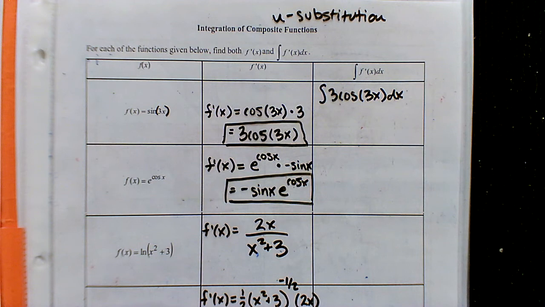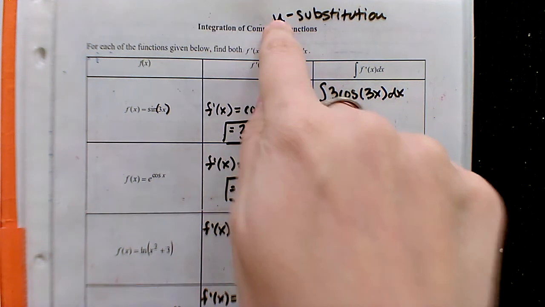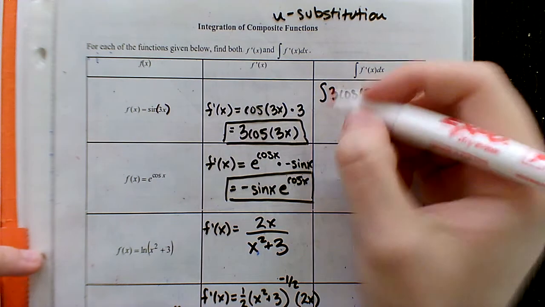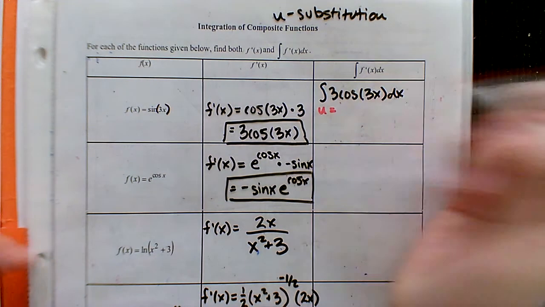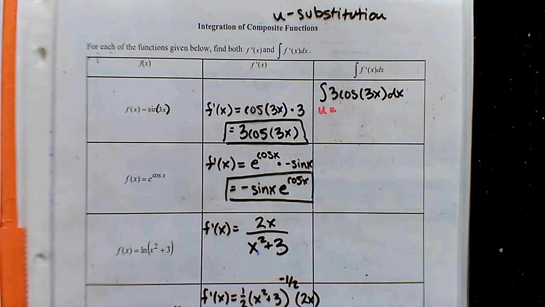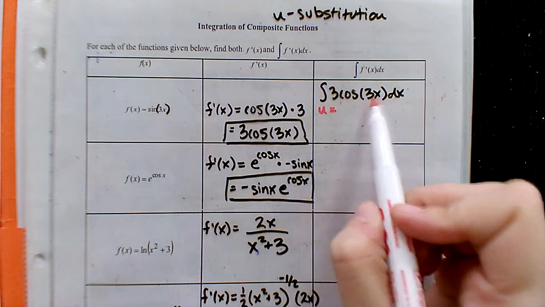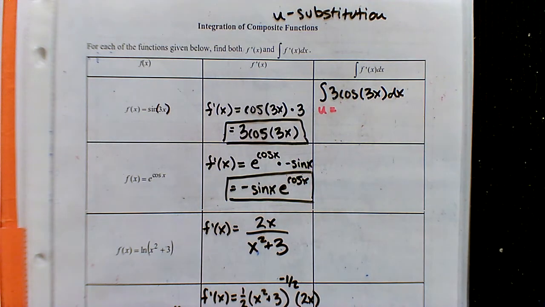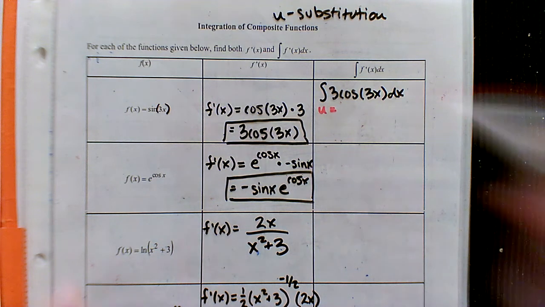Okay? Now the first thing that we're going to do is identify the variable u. This is why it's called u substitution, because they just use the variable u. We're going to let u represent the inside of the function that you're integrating. So when you take a look at this 3 cosine of 3x, what do you think is representing the inside? Just like 3x, just like how a chain rule has inside-outside parts, our U substitution has to utilize those inside-outside parts as well.